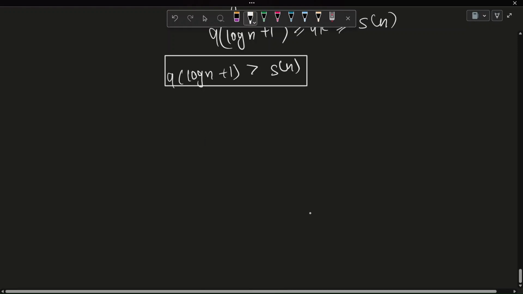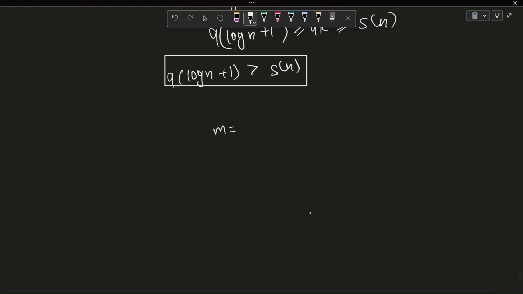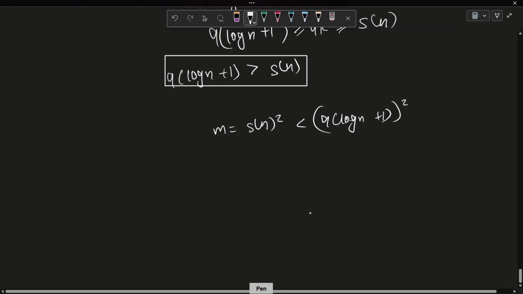We are given that m equals s of n whole square. And notice that s of n whole square is less than 9 times log of n plus 1 the whole square. We basically square both sides of the above inequality. So we get that m is less than 9 times log of n plus 1 the whole square.